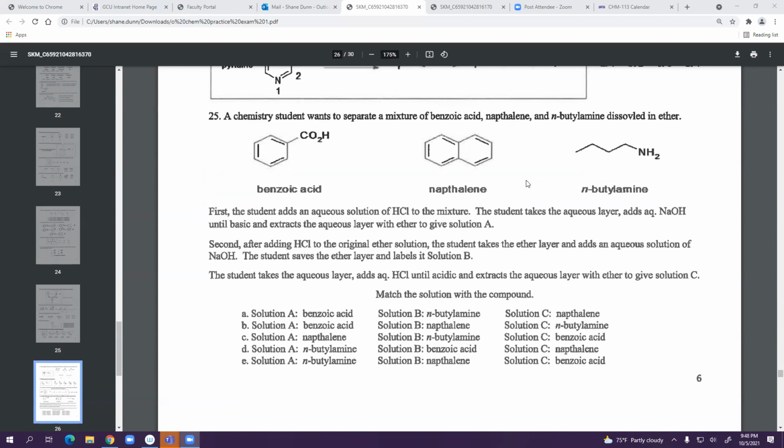First, the student must add aqueous hydrochloric acid to the mixture. The student takes the aqueous layer and adds NaOH until basic and extracts the aqueous layer with ether to give solution A. So this is the exact same thing you already played with, without the flow chart. This is more of a lab question.